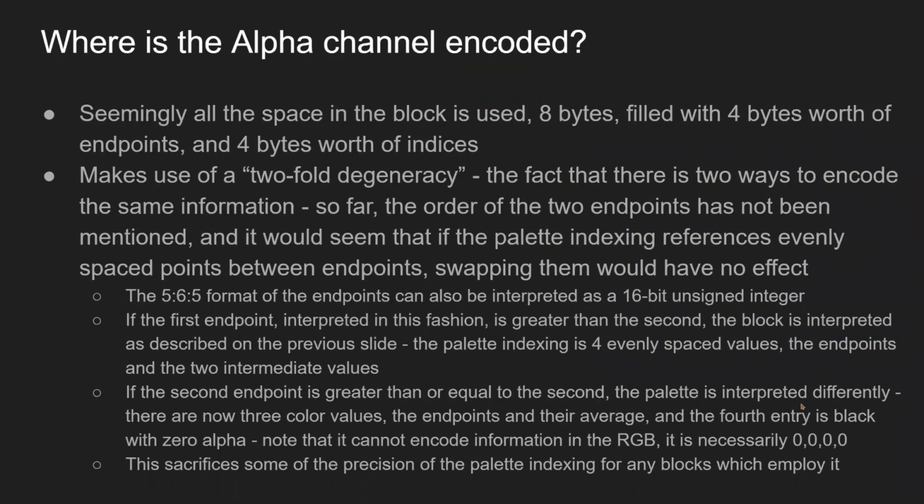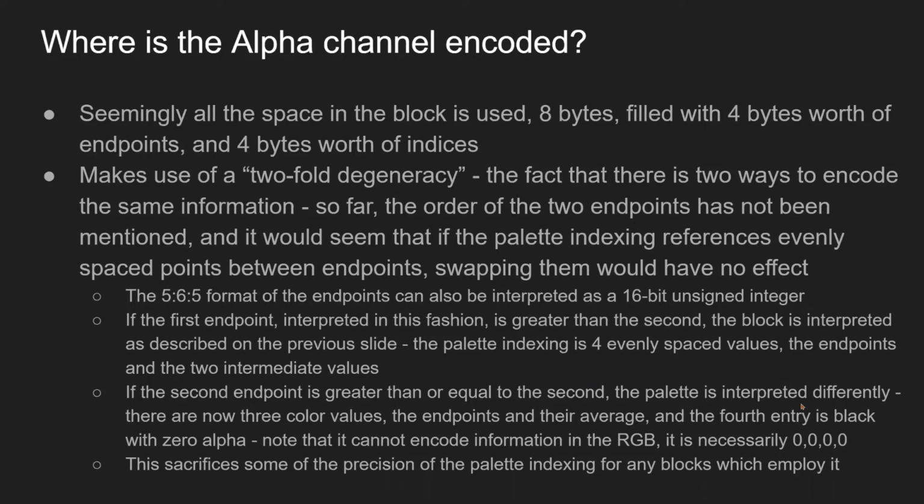Or if the second endpoint is greater or equal to the first, it's interpreted differently. So there's 3 color values, which is the 2 endpoints and the point directly in between them. And the 4th entry is 4 zeros. That's black with 0 alpha.